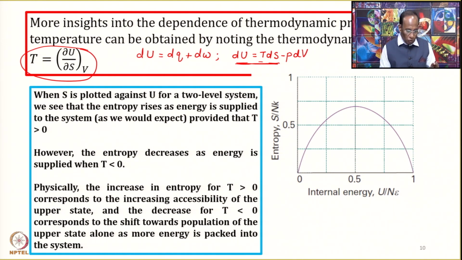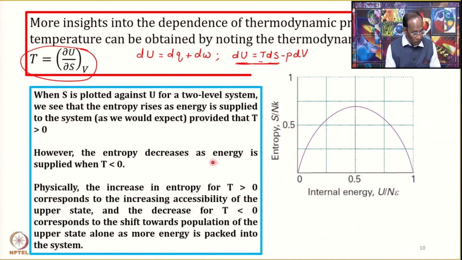If you plot entropy in the units of S by Nk against internal energy, it will show this kind of behavior, and that you can obtain by using the appropriate expressions. But what is more important here is to recognize that when S is plotted against U for a two-level system, we see that entropy rises as the energy is supplied to the system, provided T is greater than 0.